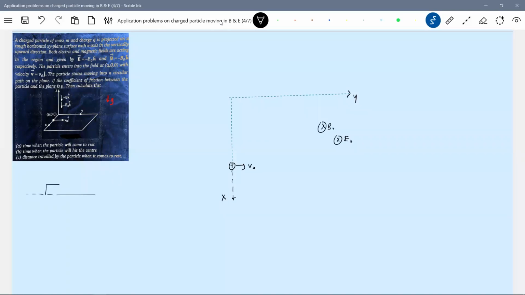There's a rough horizontal surface. So what are the forces that will be acting? Mg, the electrostatic force QE naught, then the normal contact N. I think this is also needed. So the normal reaction N is equal to Mg plus QE naught.